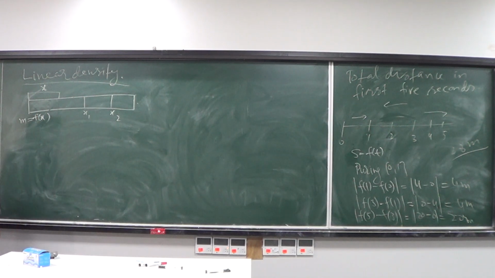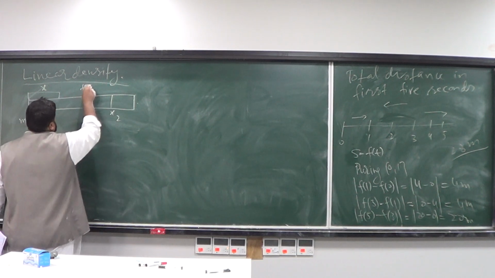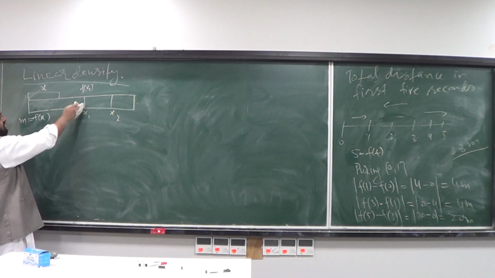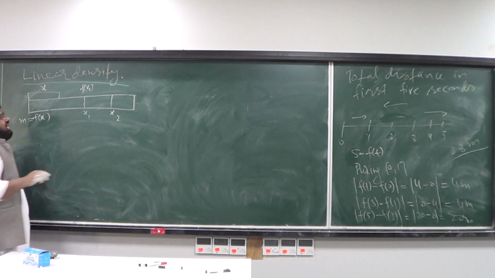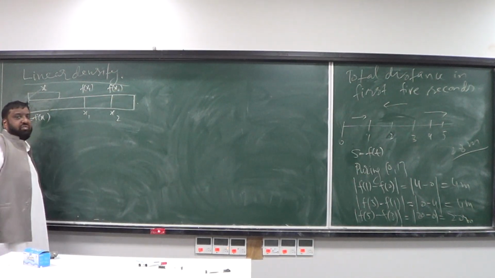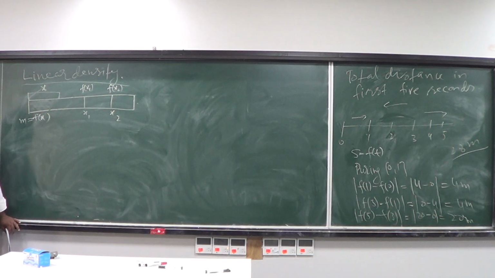Now I'm talking about concrete lengths. If I take x1, the mass of the rod up to x1 is f of x1, and the mass of the rod up to x2 is f of x2.